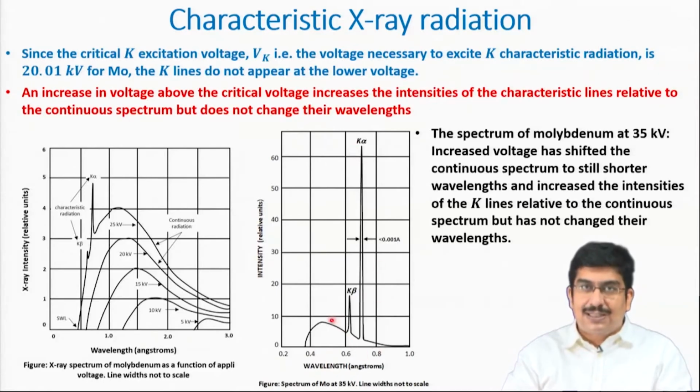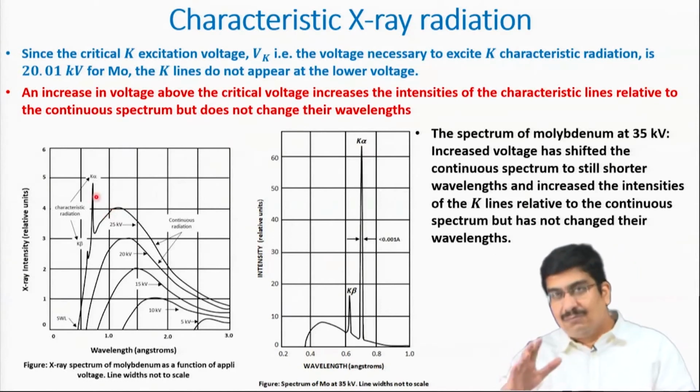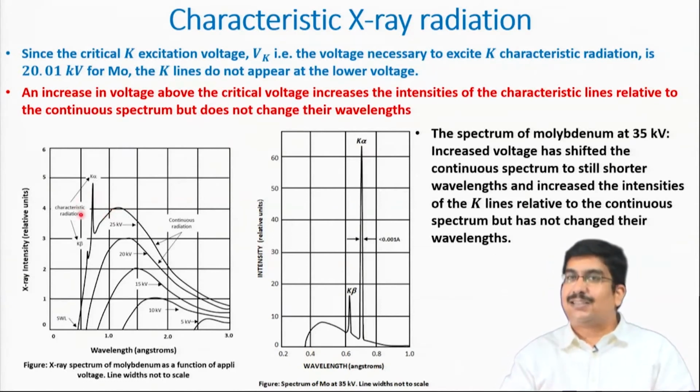Earlier, up to 25 kilovolt, the maximum of the continuous spectrum was at a higher wavelength than the characteristic X-ray, but now at 35 kV, that maximum has gone to the smaller wavelength side of this K alpha.